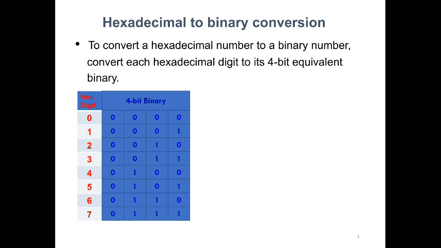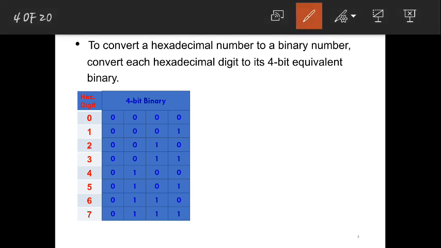So this is for 0. In 4-bit equivalent, you can write 0000. For 1, 0001. And for 2 you can write 0010. We have already seen this.